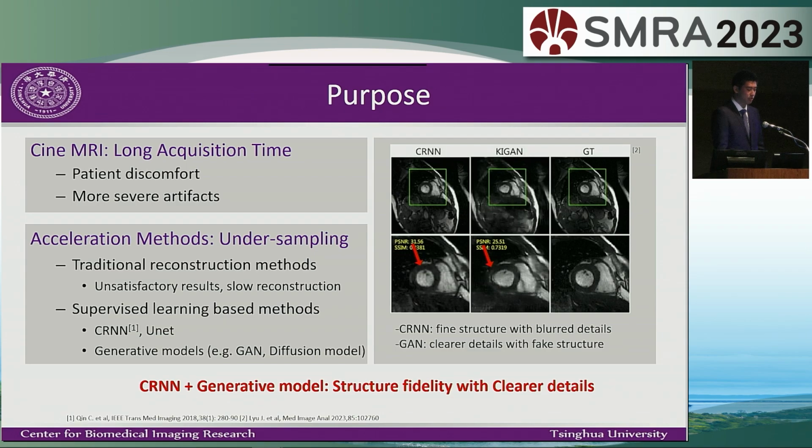However, traditional reconstruction methods are often unsatisfactory, and supervised learning-based methods have their respective problems. CRNN always reconstructs fine structure with blurred details, while generative models often produce fake structure. Hence, we came up with the idea to combine CRNN with a generative model to achieve both structure fidelity and clear details.